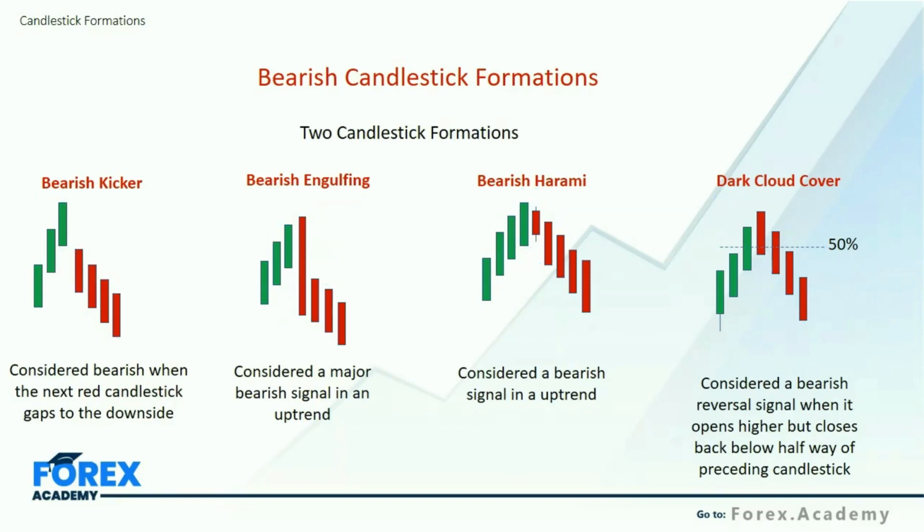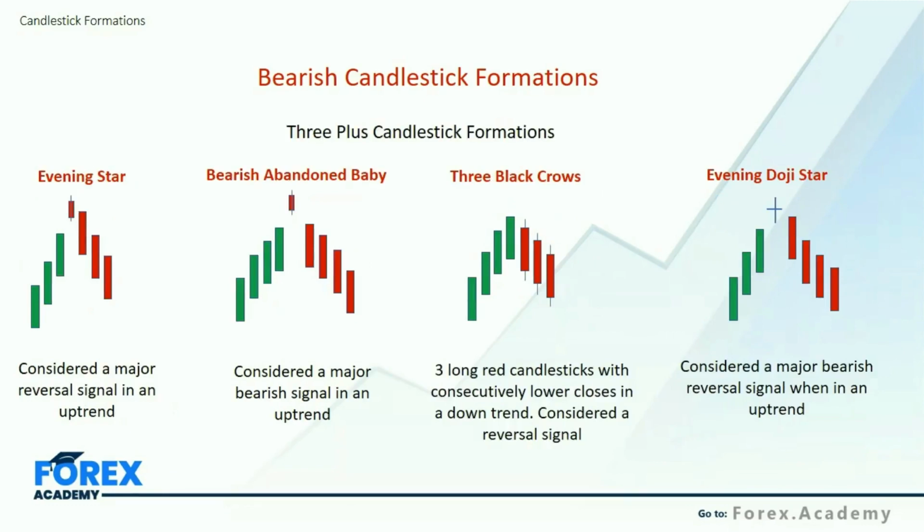So we'll finish the bearish candlestick formation section with looking at 3+ candlestick formations, and we'll start, as we always do, on the left-hand side, looking at an evening star formation. So what we're looking at here, or what we should be looking for, is some bullish price action.